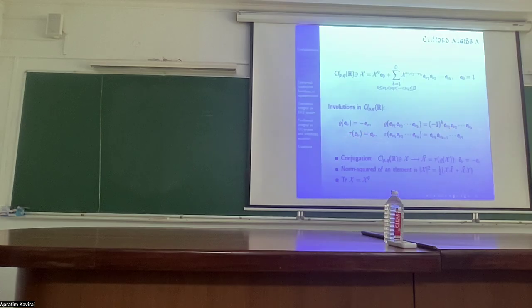Tau is called transpose. It essentially means if I have a tensor of this, I just reverse the order of them, so mu1 to mu k becomes mu k to mu1. And of course, for a single e_mu, it's the same.